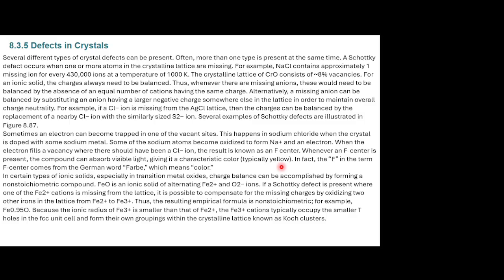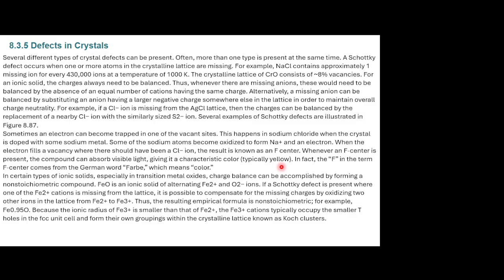Every unbalanced charge is going to cost energy. And so whenever you have an absence of, say, a sodium, you'd have an absence of a chloride somewhere, and you'd have to have an overall balanced structure for your charges. So whatever number of absent cations you have, you'd end up having the same number of anions.